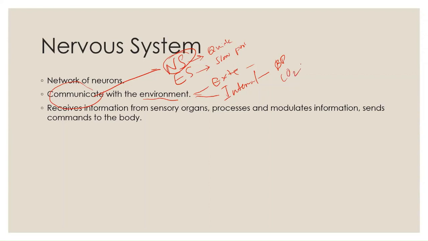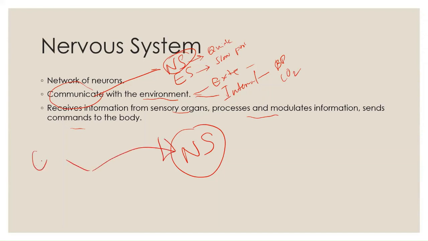So the nervous system receives information from the sensory organs, processes and modulates them, and sends commands to the body. So when you take the nervous system, it receives information from the external environment and the internal environment, and it sends out information. This can be voluntary and involuntary.